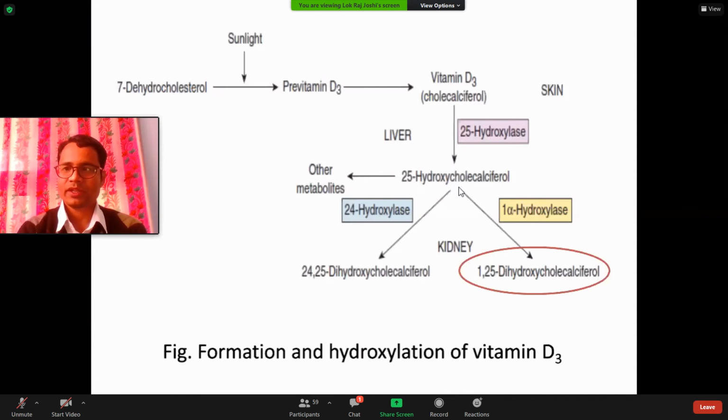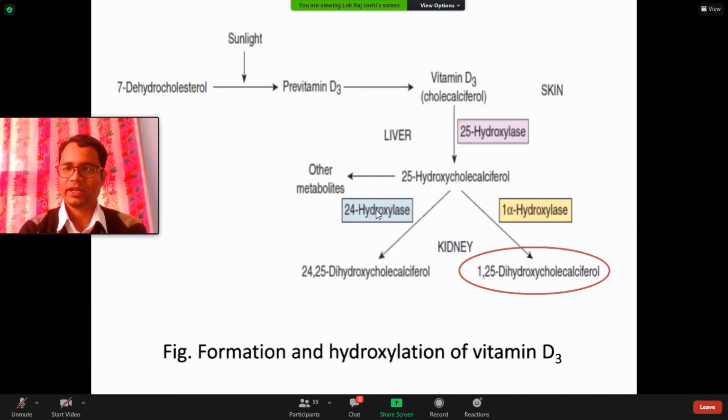Now it is further hydroxylated by 1-alpha hydroxylase to form 1,25-dihydroxycholecalciferol, or 1,25-dihydroxy vitamin D3, and it is the most active form.